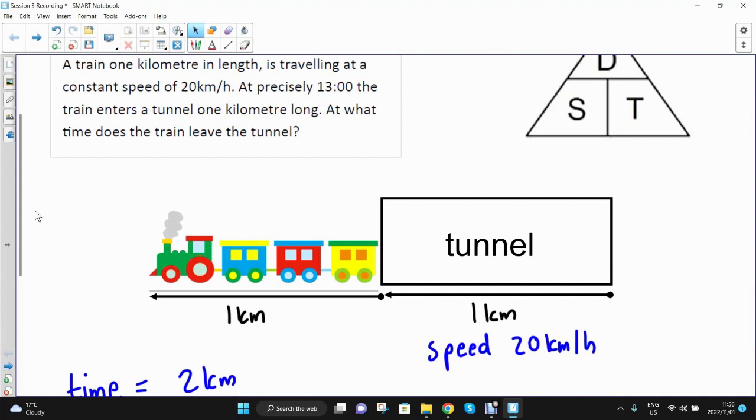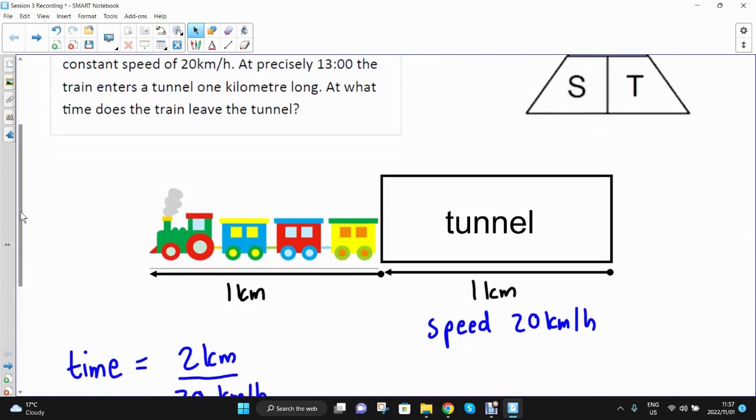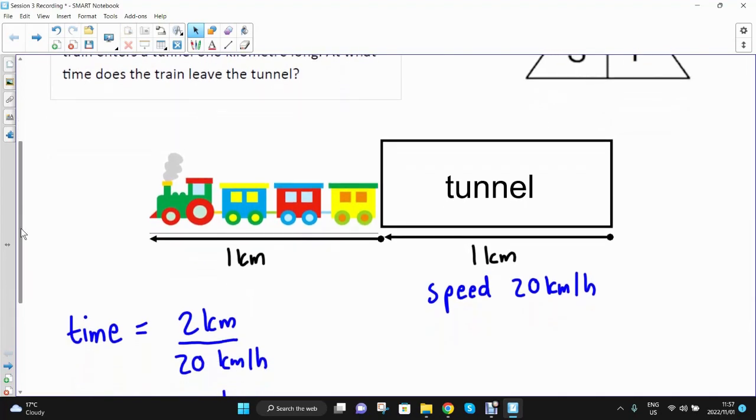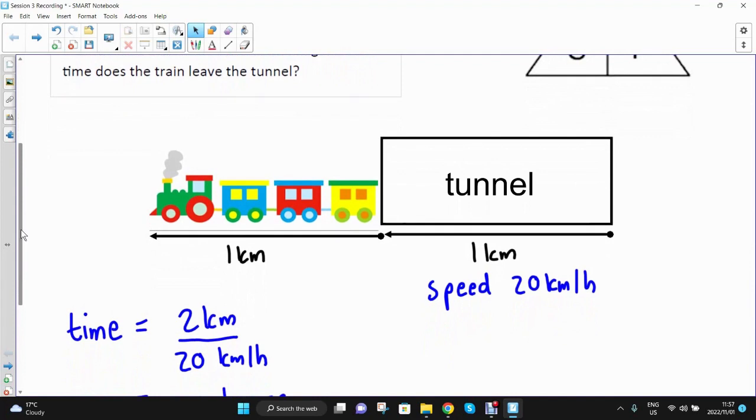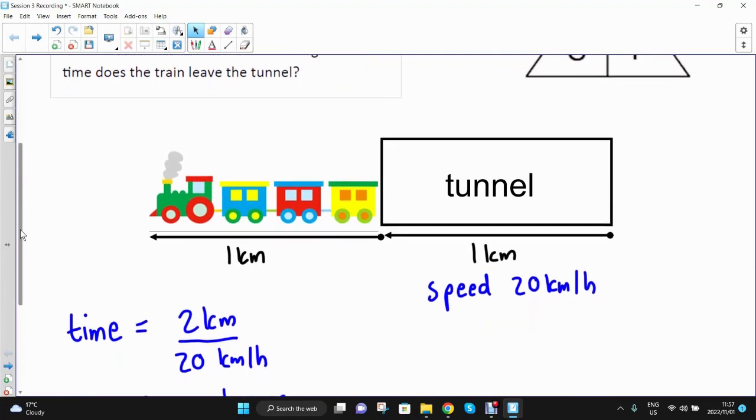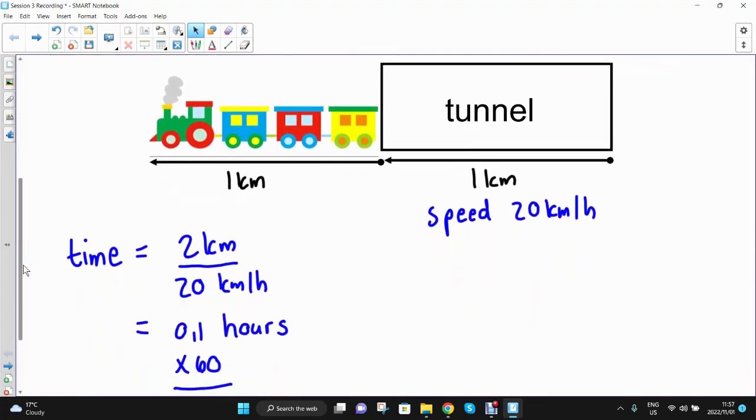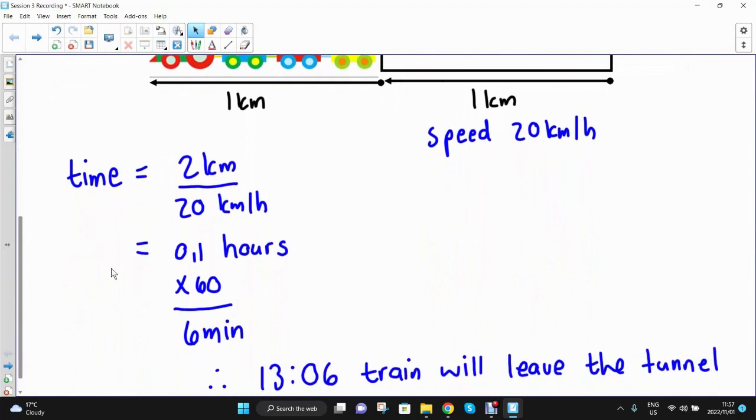Okay, so we know that we are traveling at a speed of 20 kilometers per hour, and we do know that we need to travel for 2 kilometers. So I need to figure out what time that is going to take. So I used my little magic triangle for distance, speed, and time. I took the full distance traveled, so that's 2 kilometers divided by the speed, and I then get an answer of 0,1 hours.